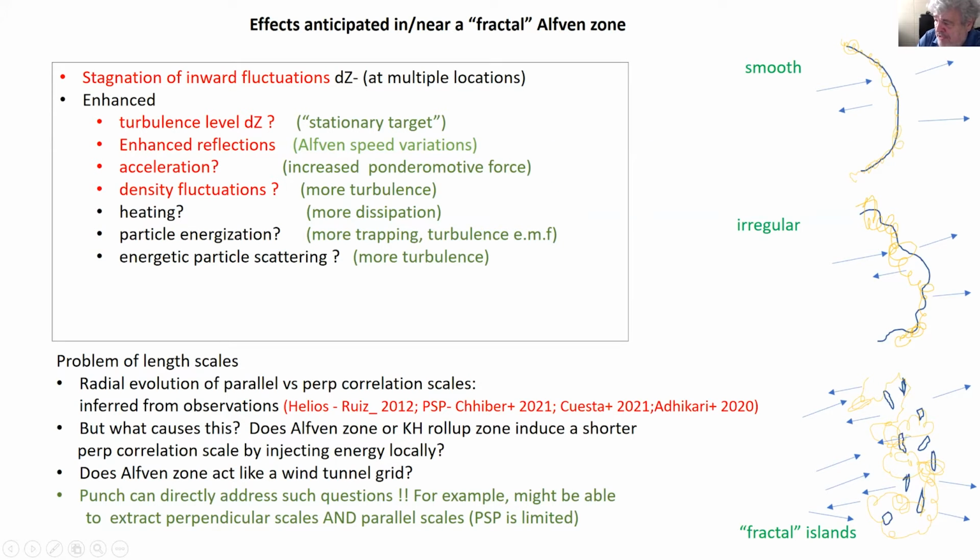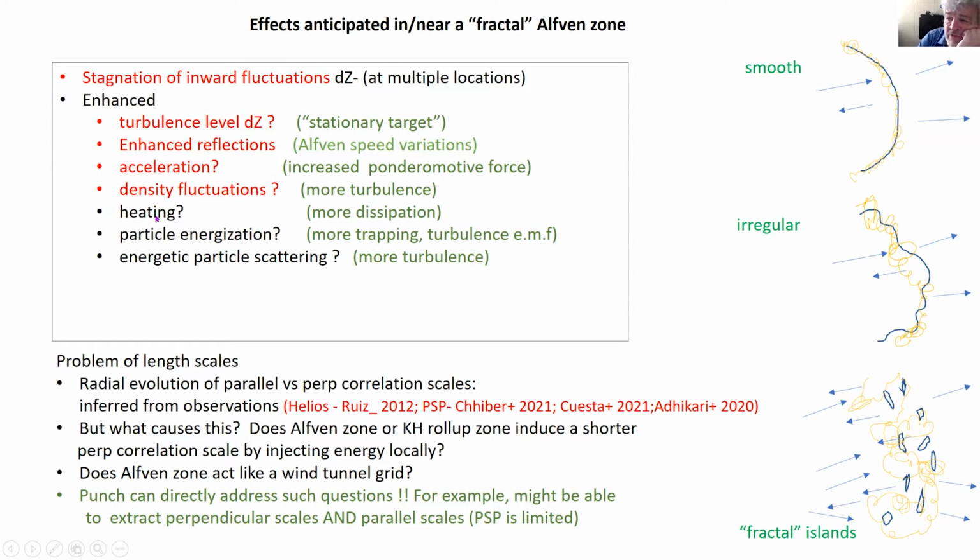You have enhanced reflections because there's going to be lots of Alfvén speed gradients inside this region. You could therefore have enhanced acceleration of the wind because you have increased ponderomotive force because you have more turbulence. It looks like there could be higher density fluctuations because there's more turbulence. And again, the Parker observations are hinting towards that.